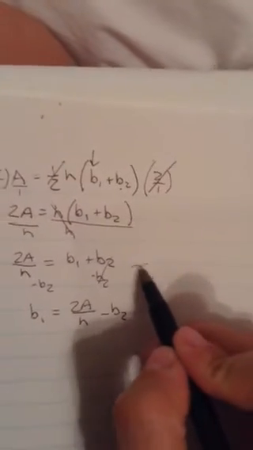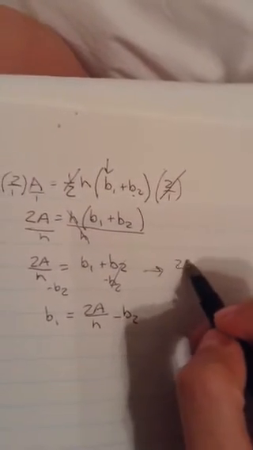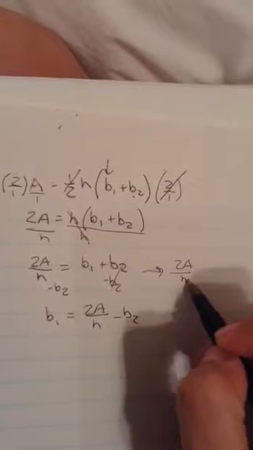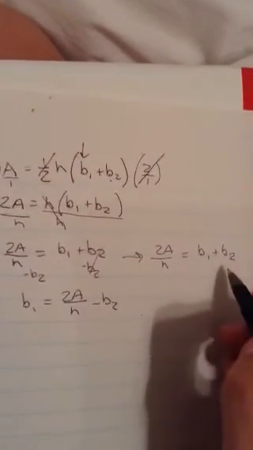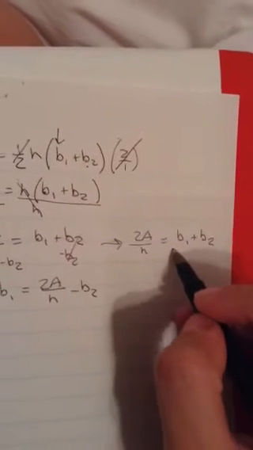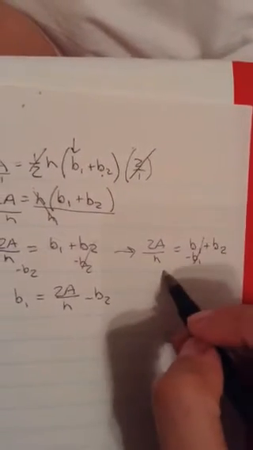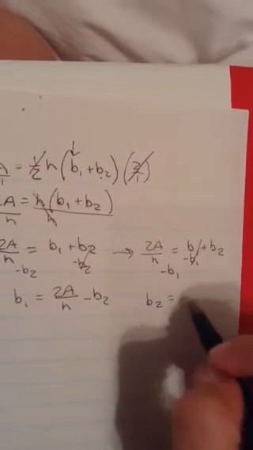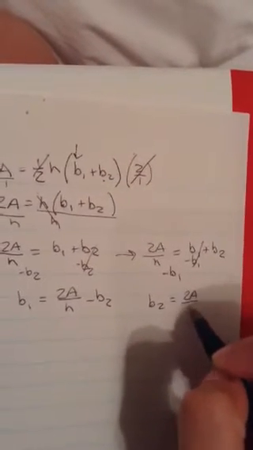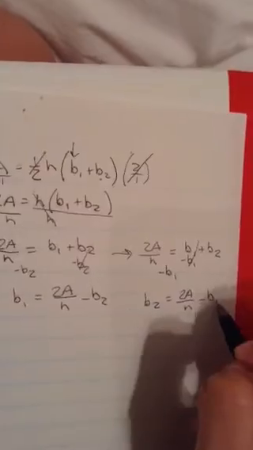So I'm going to do a little side note here. So 2A over H is equal to B1 plus B2. So now, since I want B2 alone, subtract B1. So that means B2 is equal to 2A over H minus B1.